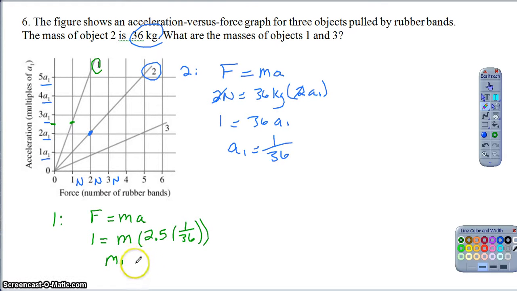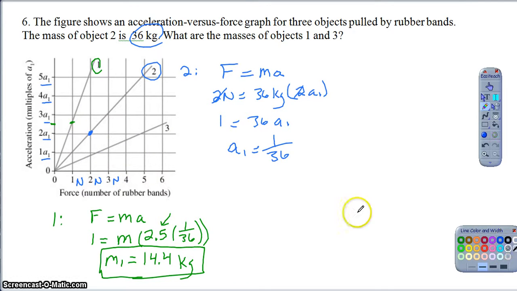So m1, the first mass here, ends up being about 14.4, somewhere in that ballpark. Depending on exactly where you've rounded this off, your answers may vary a little bit, but it ends up being about 14.4 kilograms. Really all I'm doing is setting up proportions. I'm taking advantage of the fact that force always equals mass times acceleration, so I can solve for the acceleration in terms of my other measurements and then find it for each of those objects.